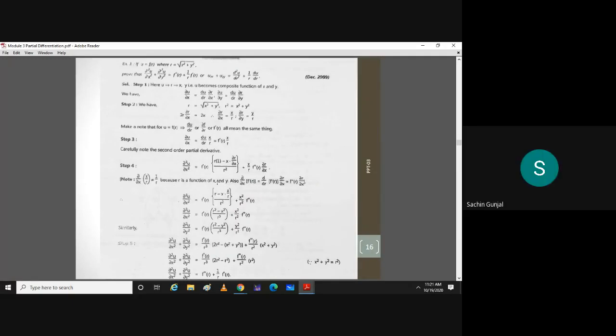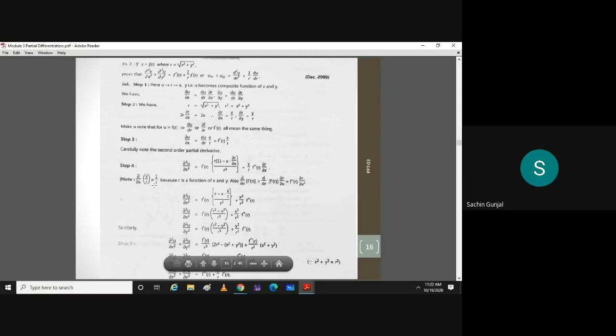So only change the role of x to y. So ∂²u/∂y² is f'(r) into bracket r² minus y² upon r cubed, plus y²/r² f''(r). If you carry out those calculations, you will get the same thing, because the function is the square root of x² plus y².